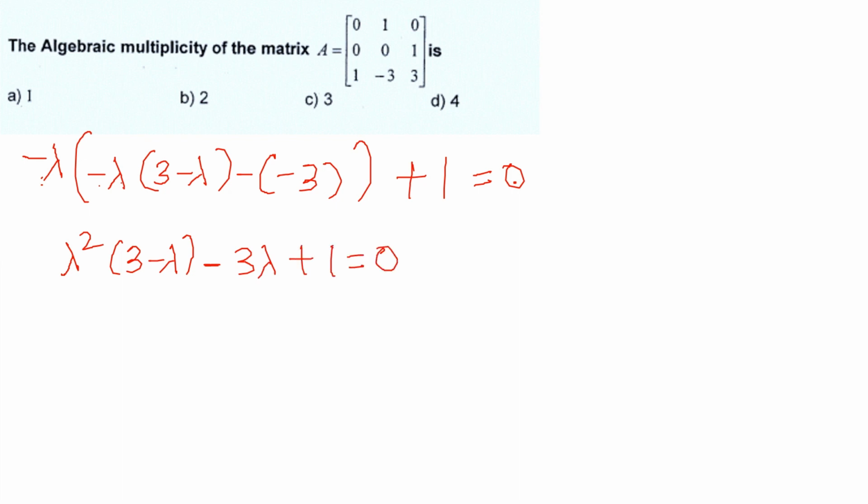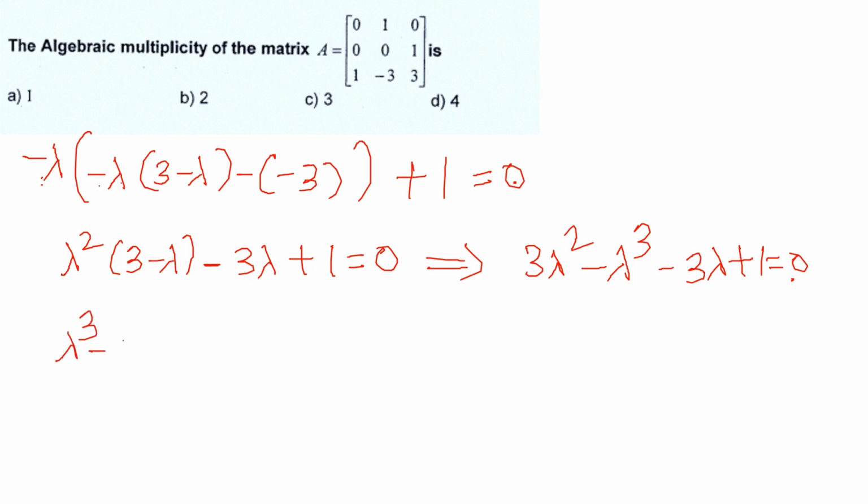That yields 3 lambda squared minus lambda cubed minus 3 lambda plus 1 equals 0. Just multiplying both sides by minus 1 yields lambda cubed minus 3 lambda squared plus 3 lambda minus 1 equals 0.